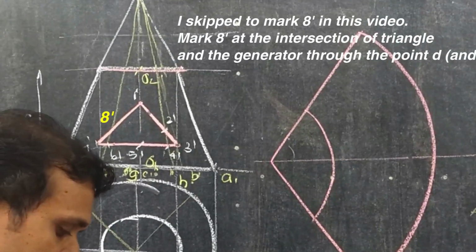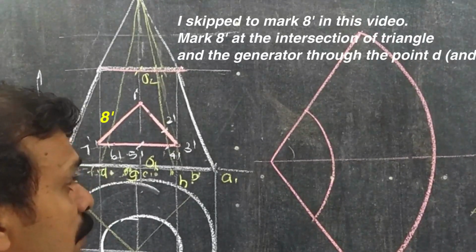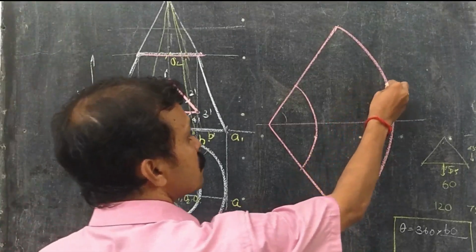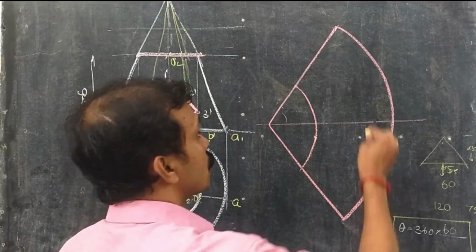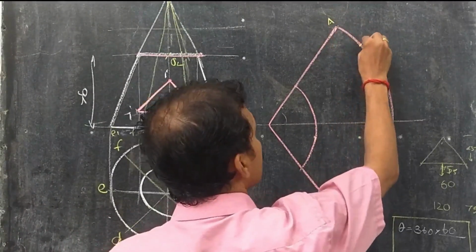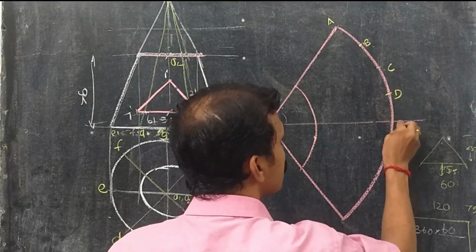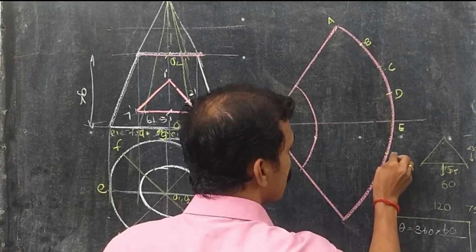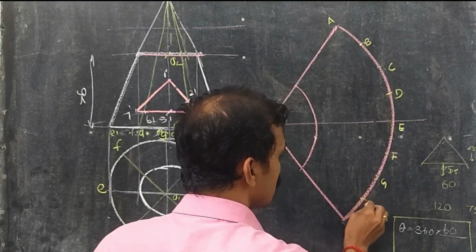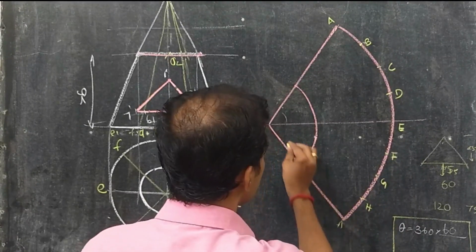Okay. Now divide this into 8 equal parts. So here A, B, C, D, E, F, G, H and A.